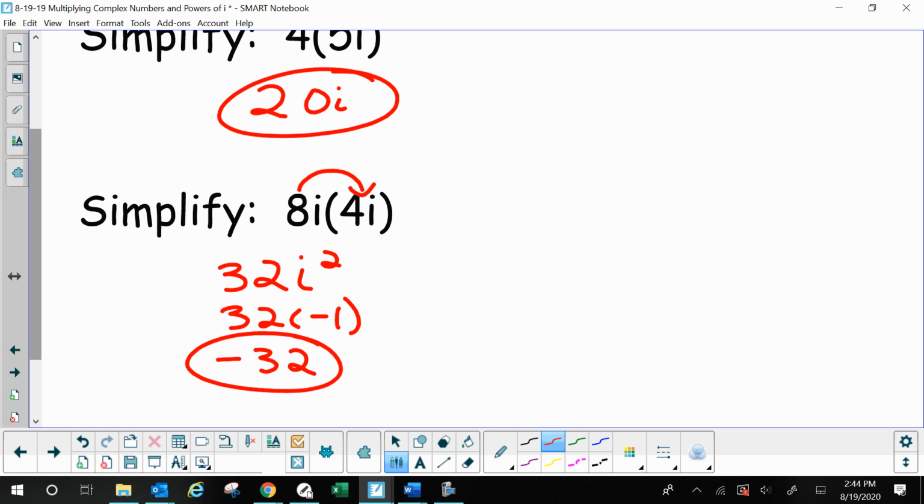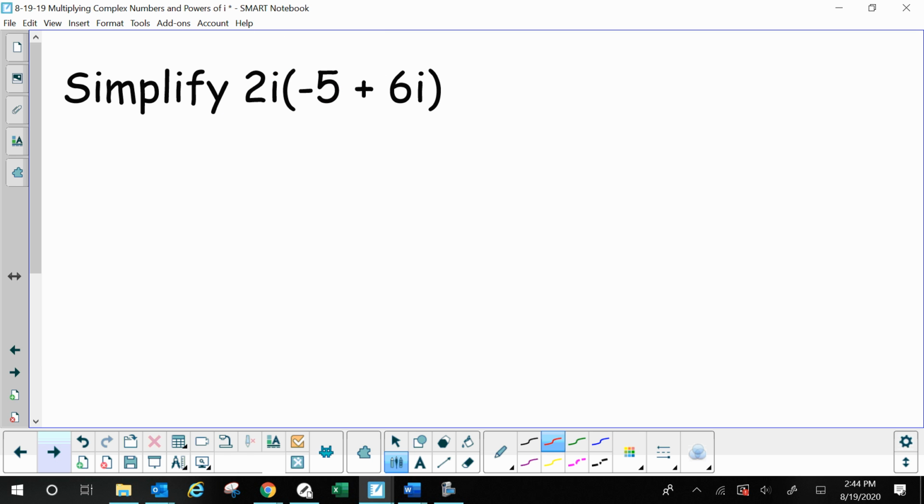Okay, so let's ramp it up a little bit. So what is 2i times negative 5? Negative 10i. And then plus 12i squared, because you're multiplying i times i.